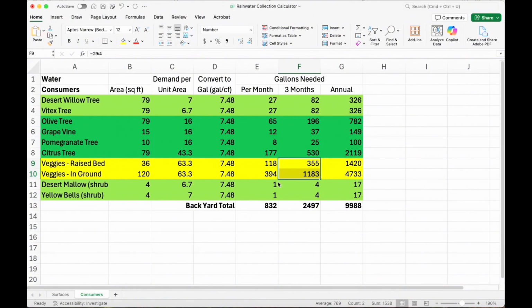If you want to break that down or change it, that's why we do a per month calculation. So you can say, okay, I grow 6 months out of the year. Well, just take your per month calculation and multiply it times however many months you grow out of the year. And you might want to break it up in growing seasons if you have more than one growing season.